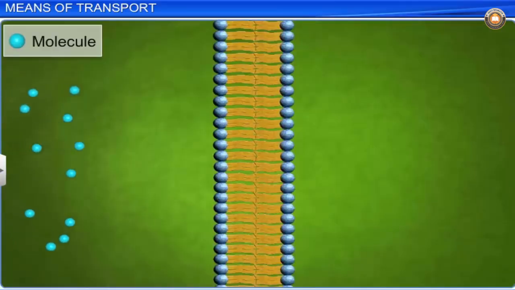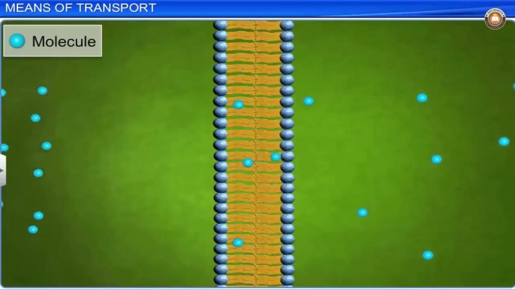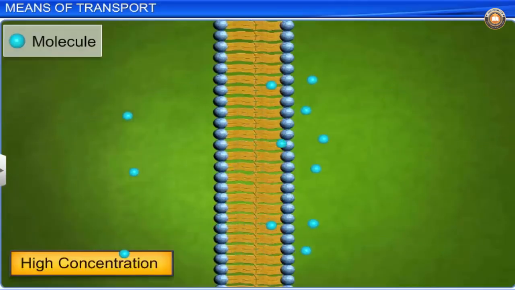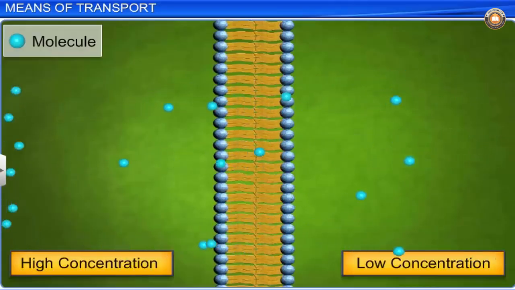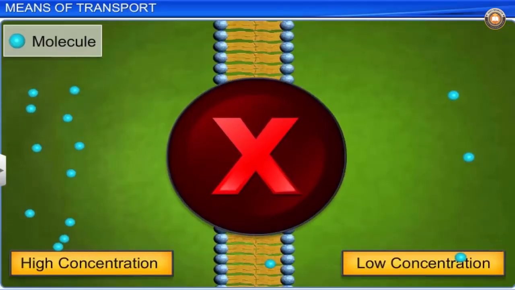In diffusion, the molecules move in a random manner, generally moving from a region of high concentration to lower concentration. Diffusion is a passive process. It requires no expenditure of energy.